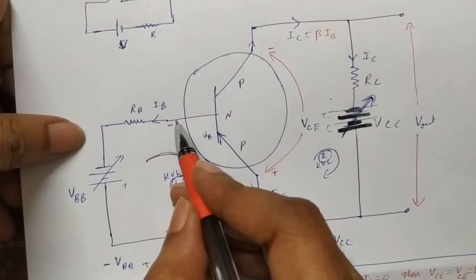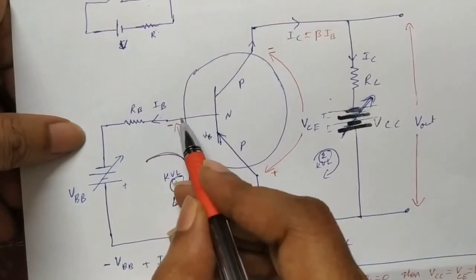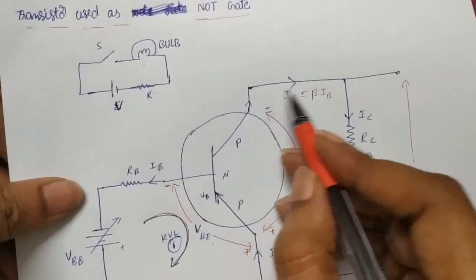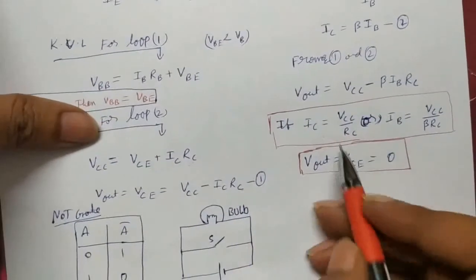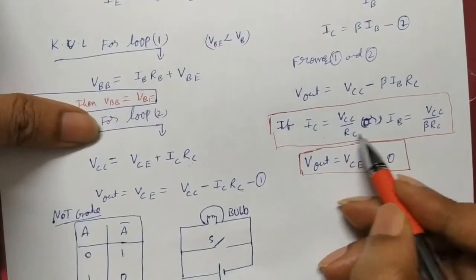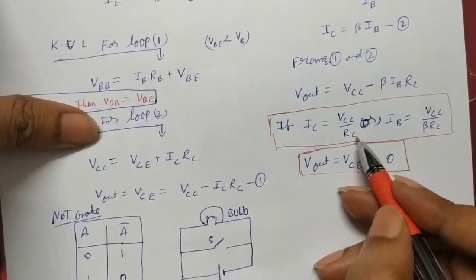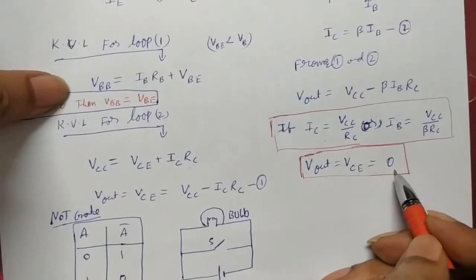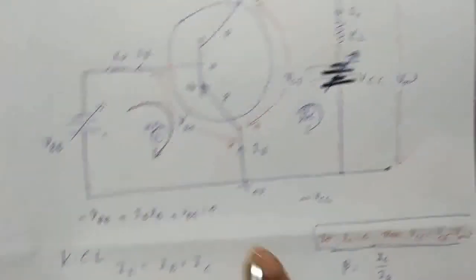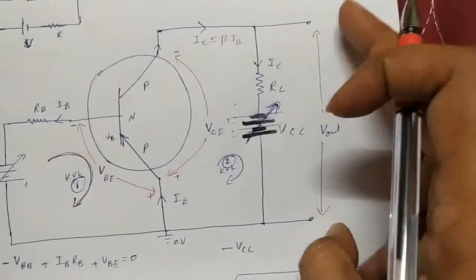Next case, if you apply a suitable current input, a suitable base current, then you get collector current IC. If a suitable collector current is applied, IC equal to VCC by RC, this much current is there in the output, and what about the output voltage? V out is equal to VC, which is 0 now. That means we are sending some current as input, and now what do you get as output? 0.